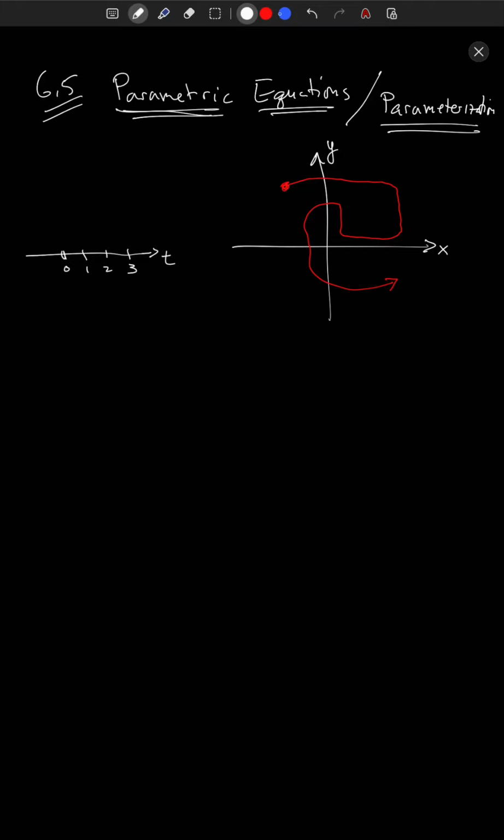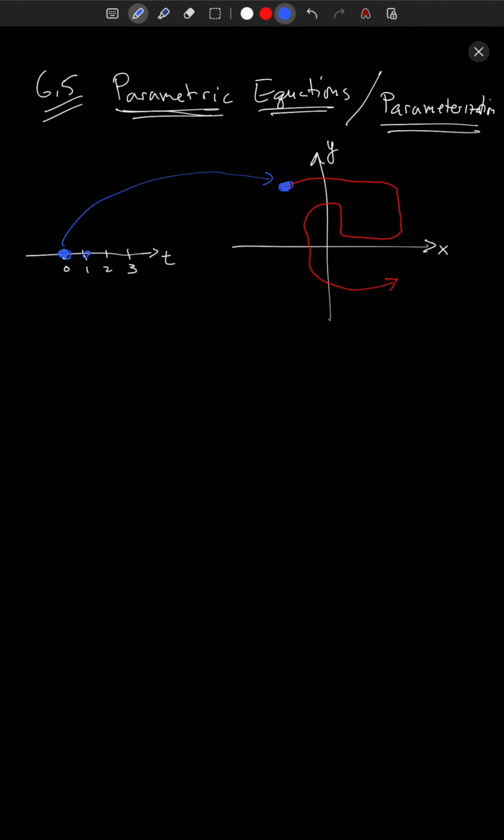The deal is we can associate to every time a position in the xy plane. So for example, t equals 0 corresponds to the start of our drive, where we are at the very beginning. So t equals 0 perhaps corresponds to that point right there. So on the left is the time, and on the right is our position at that time.